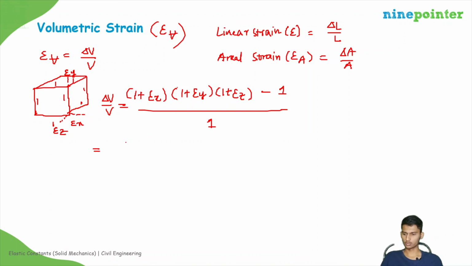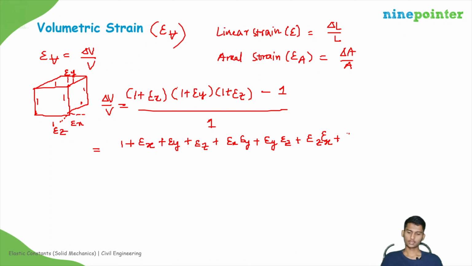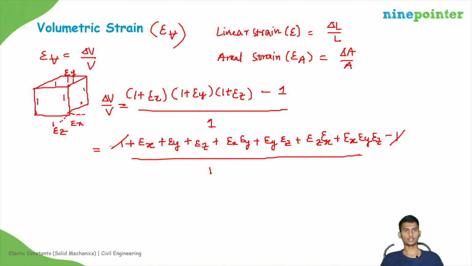So that is equal to 1 plus epsilon x plus epsilon y plus epsilon z plus epsilon x epsilon y plus epsilon y epsilon z, right, plus epsilon z epsilon x, plus epsilon x epsilon y epsilon z, minus 1, divided by 1. This 1 gets cancelled, right?